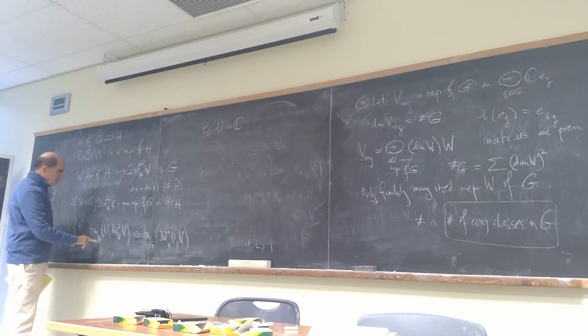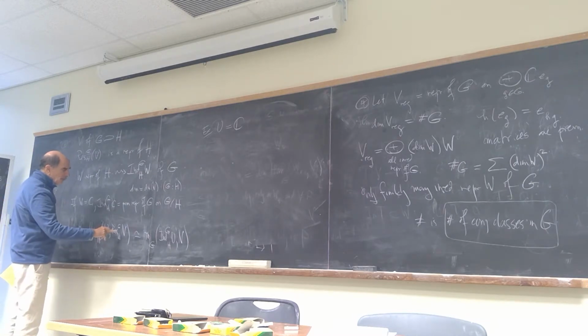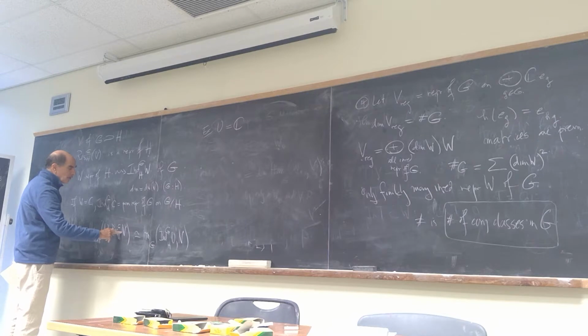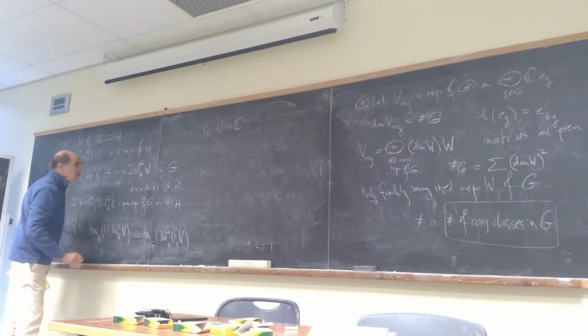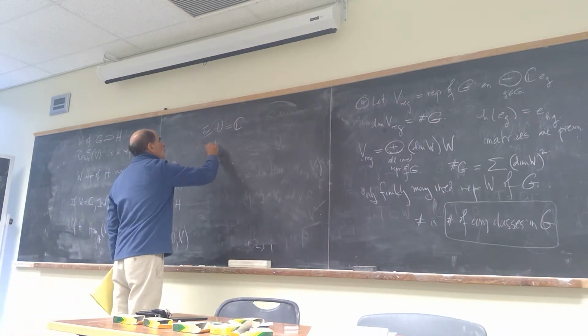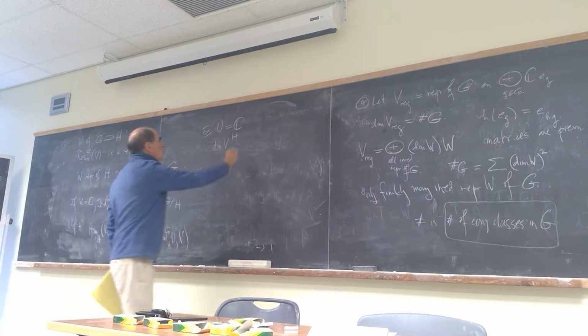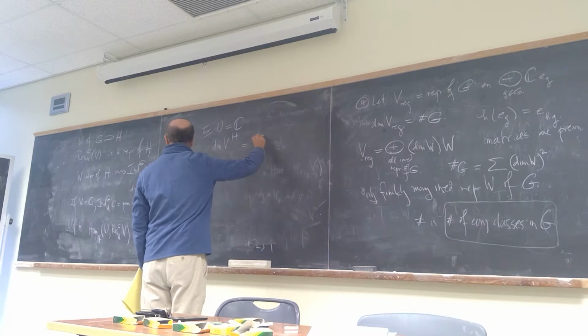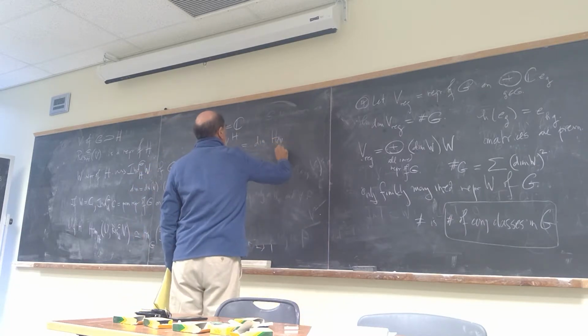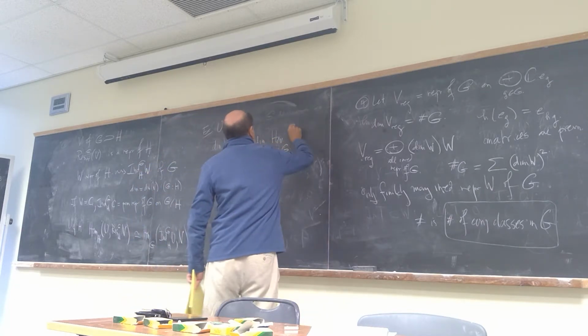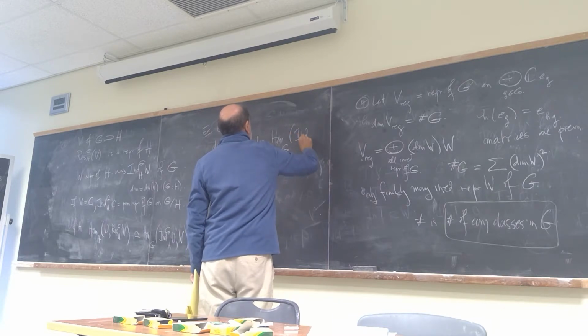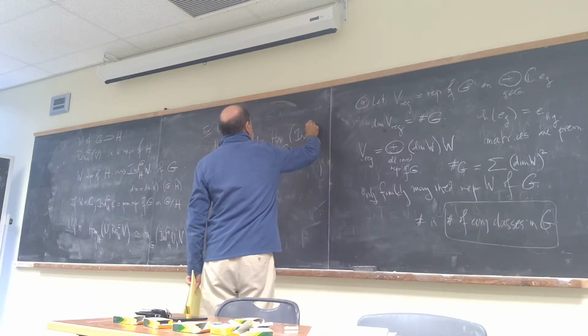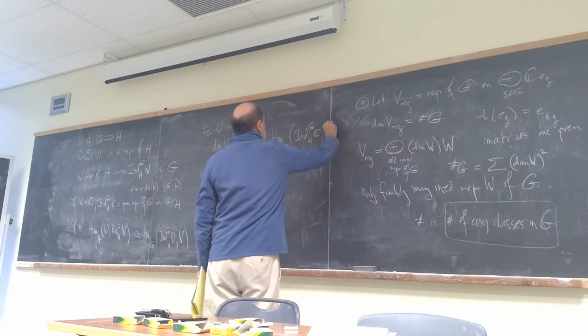That would be the homomorphisms from the trivial representation into V, which is just the dimension of the H invariants in V. This is equal to the dimension of the homomorphisms over G of the induced representation from H to G of the trivial representation, with V.